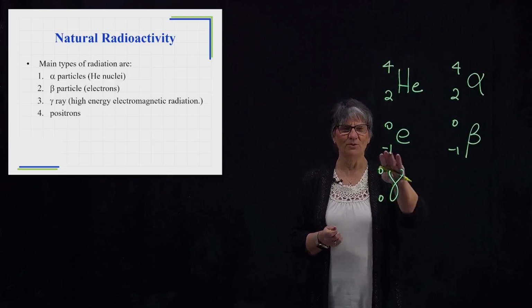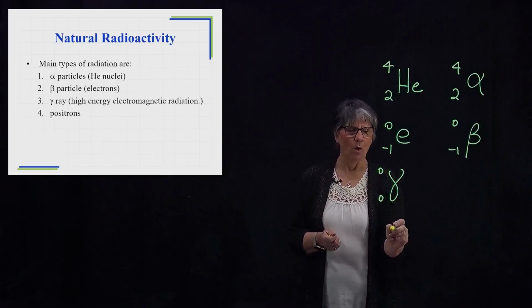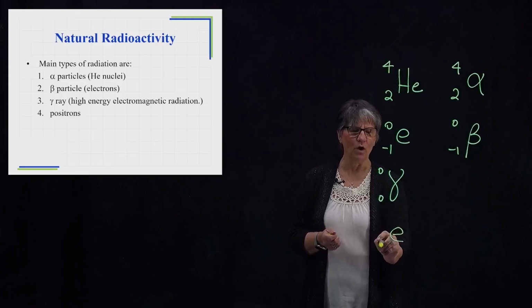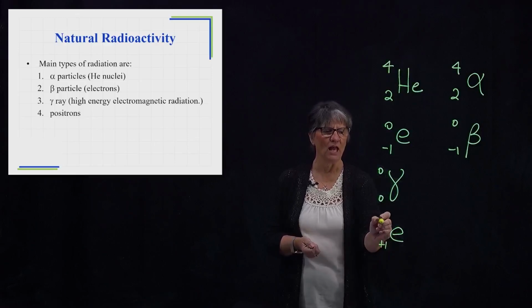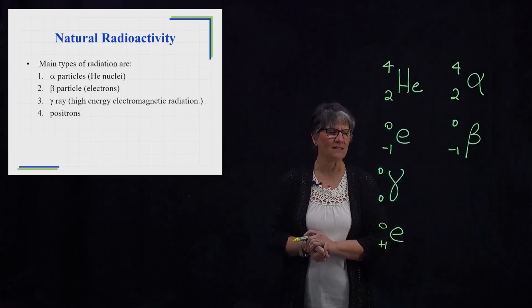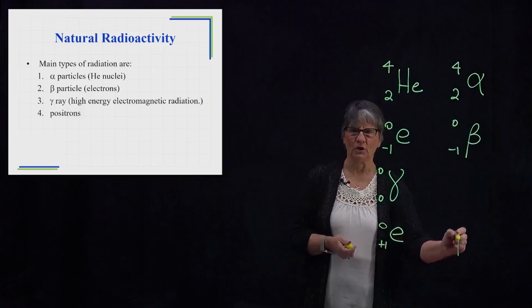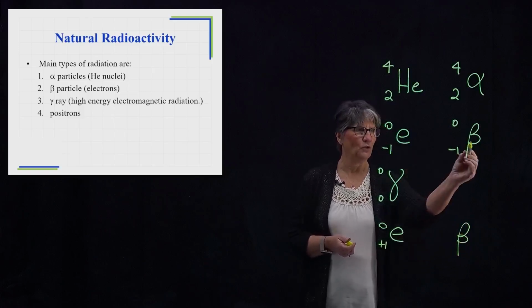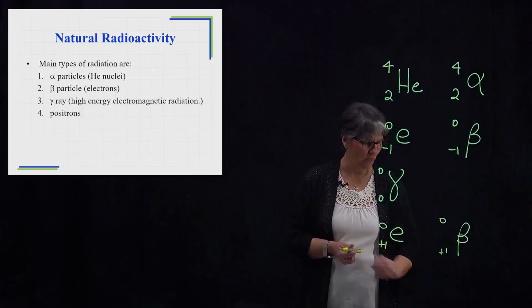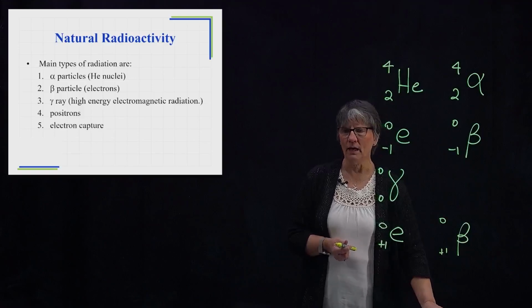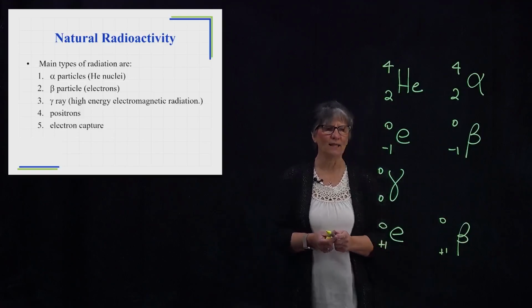So we go back up to this symbolism, but instead of a -1 down there, we would have a +1 for its charge, and again, it has no mass. It would be equally correct to use a beta, because we used a beta up here, but have the +1 and the 0 for that. And then one last one would be electron capture.